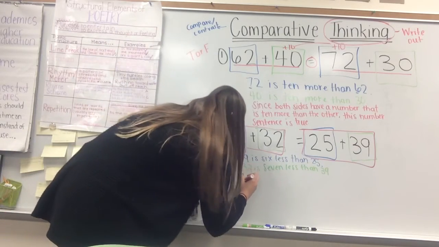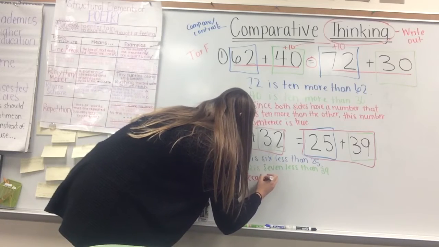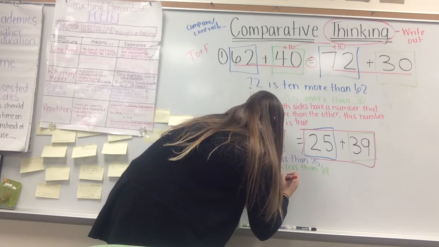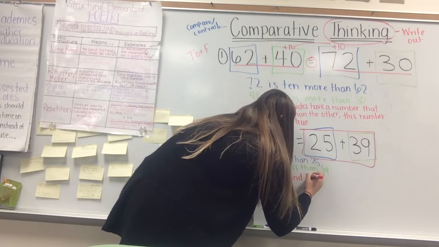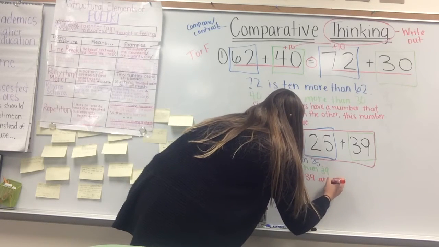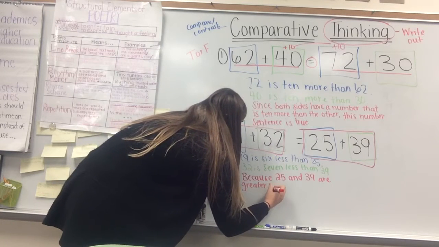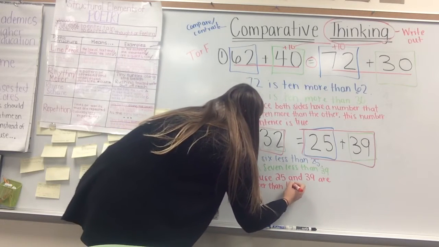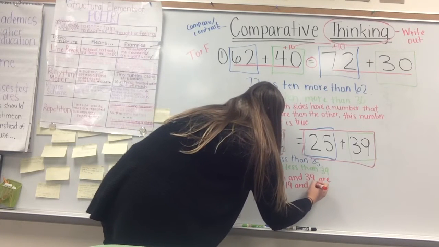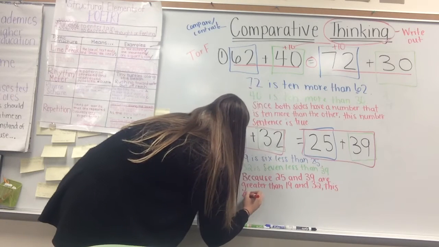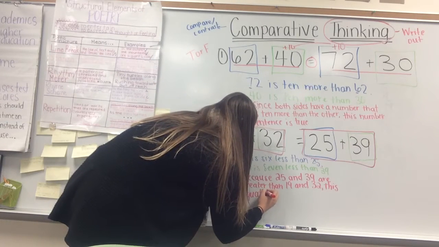So, because 25 and 39 are greater than 19 and 32, this equation is false.